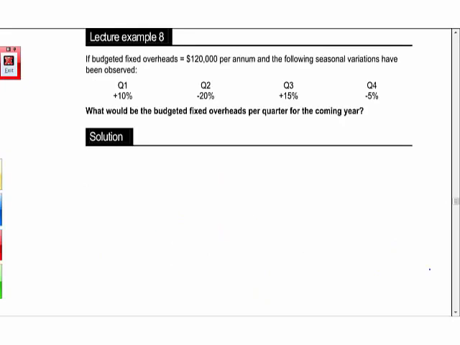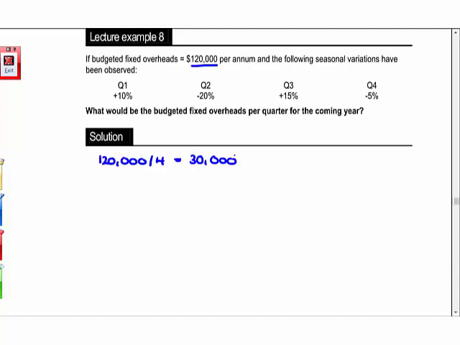In example 8, we've got budgeted fixed overheads of 120,000 for the year with some seasonal variation. What we want to do then is to work out what the overhead should be for each quarter. So we know the annual total, but we need to split it out amongst the quarters. And rather than just doing 120,000 divided by 4 and saying that the overheads are 30,000 per quarter, there's some fluctuations.